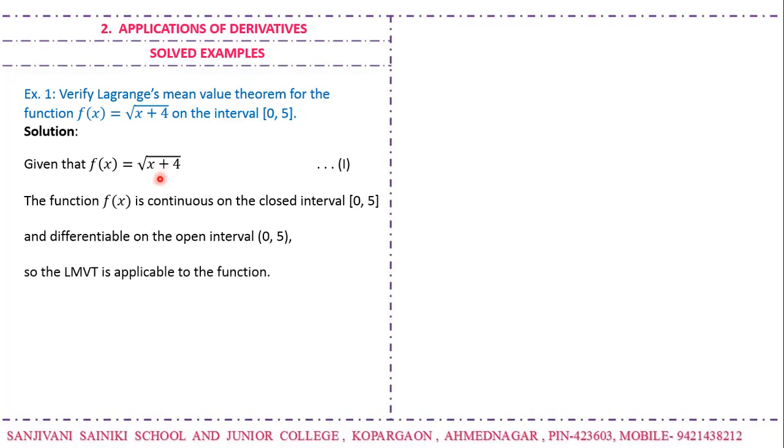So both the conditions of the LMVT theorem are satisfied, so this theorem is applicable for this function in the interval 0 to 5. So there exists a point c in this open interval 0 to 5 for which f dash at c is equal to f of b minus f of a upon b minus a. Now f of x is root of x plus 4.